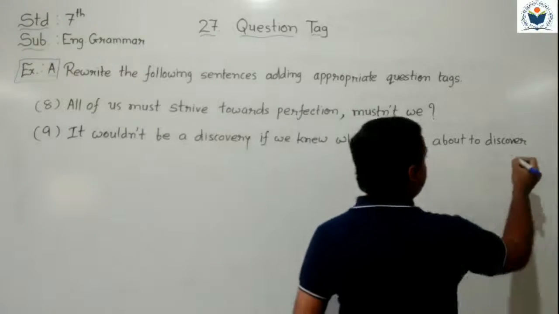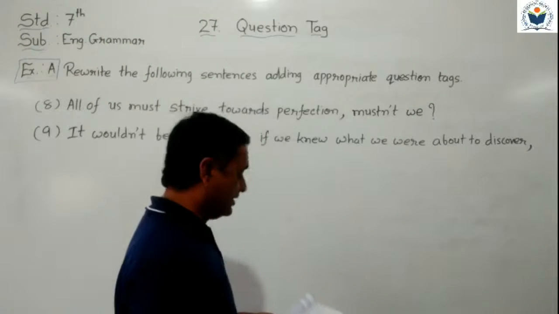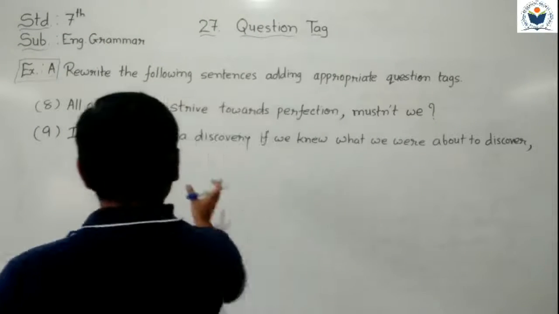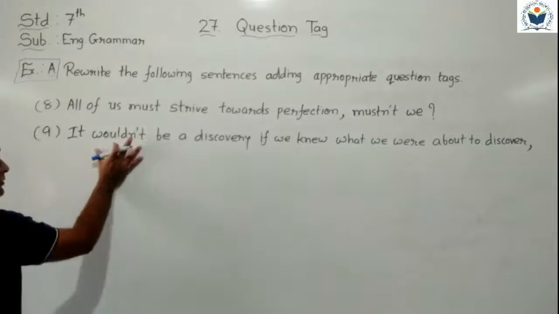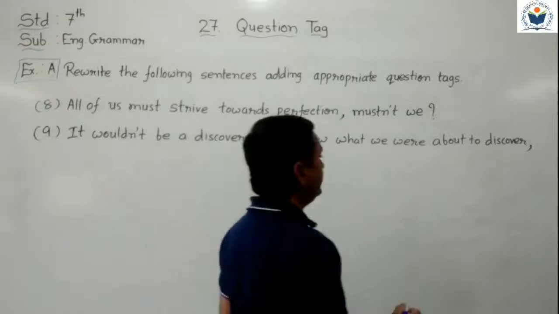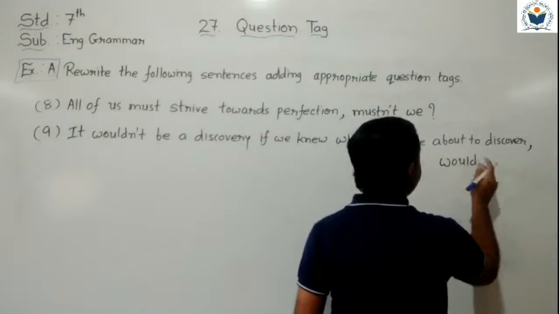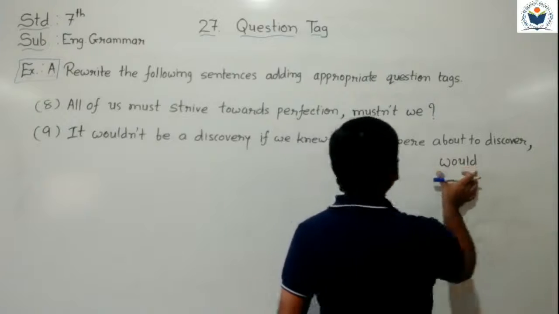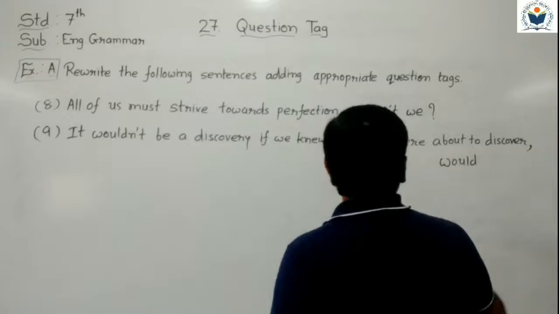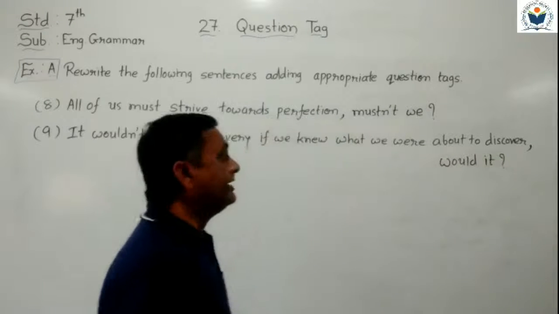After that you have to put a comma here, compulsory, and then we have to add the question. Here the sentence is given in a negative, so we have to put a positive question tag here. Wouldn't is given here, so what we have to write here? Would. I write it here downside, okay? Would. Then the pronoun it is given here, so it should become: would it?